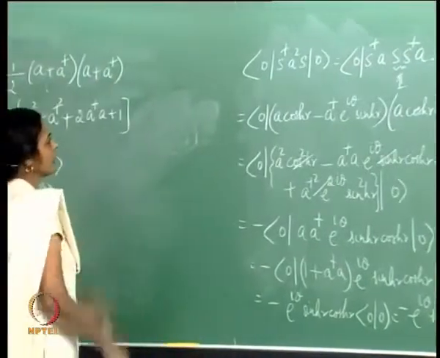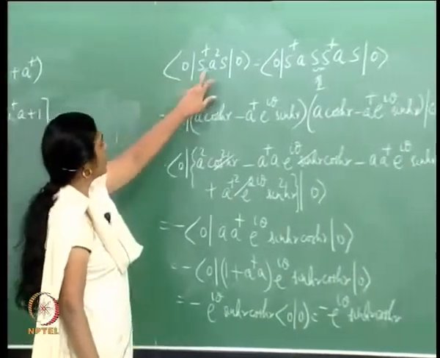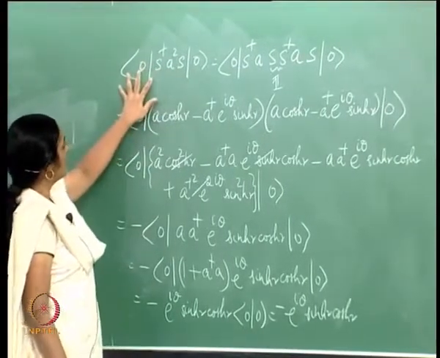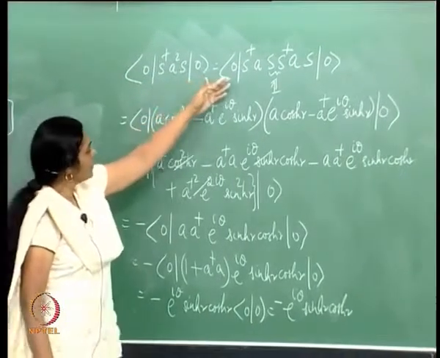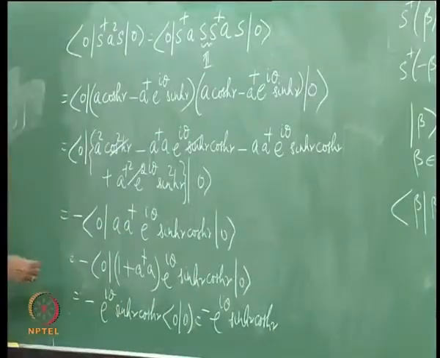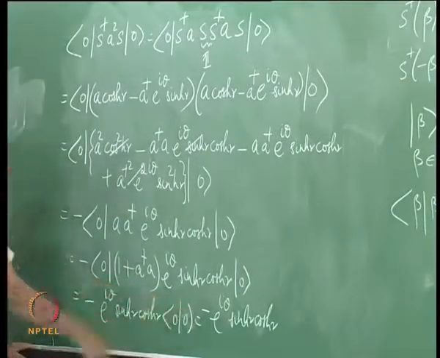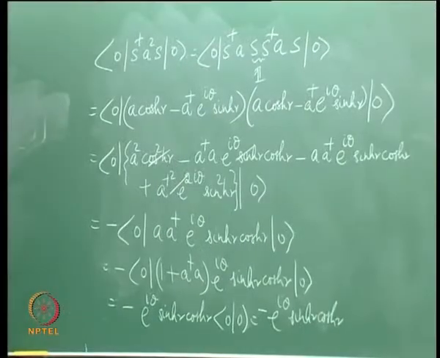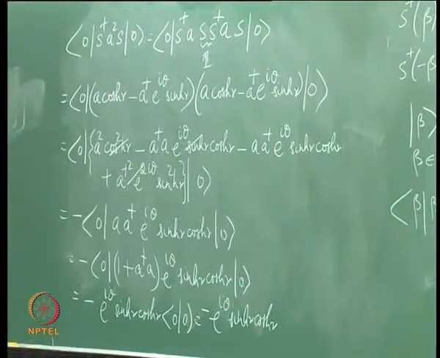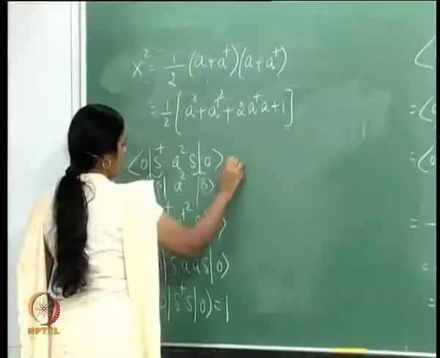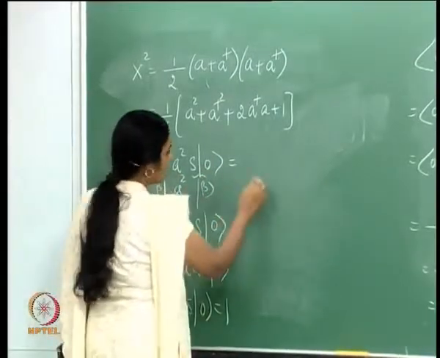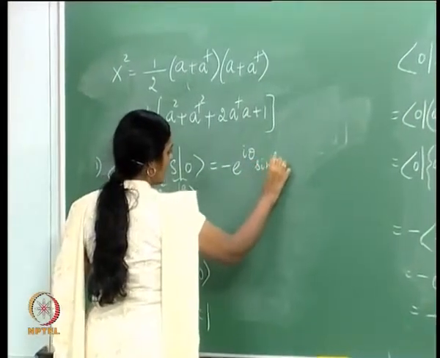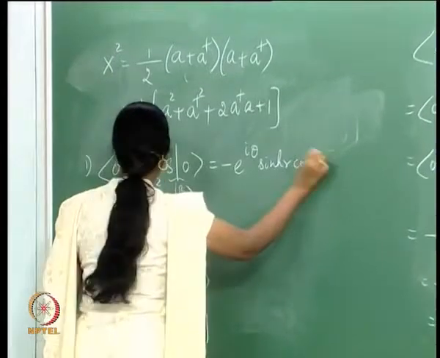This is how I find this object. When A squared is sandwiched between ket beta and bra beta, this is the manner in which I proceed and figure out what the answer is, and this is what I get. I get minus e to the i theta sin hr cos hr. So, returning to this, the first item here has already been simplified, and I get minus e to the i theta sin hr cos hr.